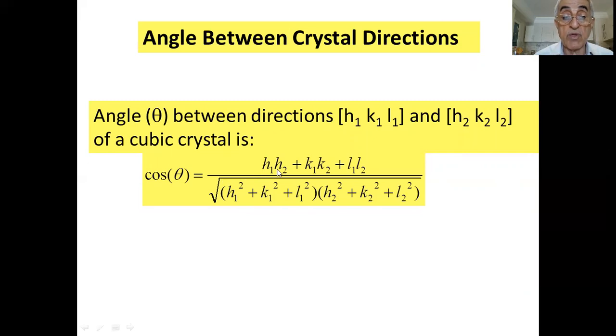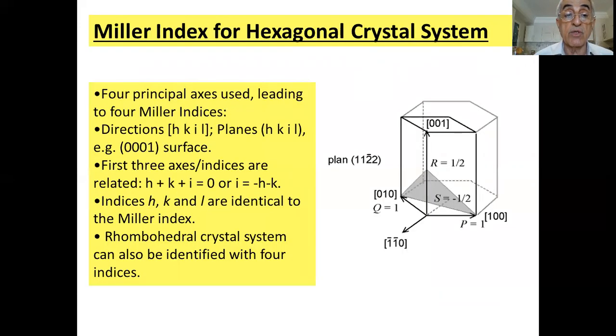Cosine theta equals h1h2 plus k1k2 plus l1l2, divided by the square root of h1 squared plus k1 squared plus l1 squared, multiplied by h2 squared plus k2 squared plus l2 squared. So this equation can be used to calculate the angle between the directions of the 2 planes, h1, k1, l1 and h2, k2, l2.